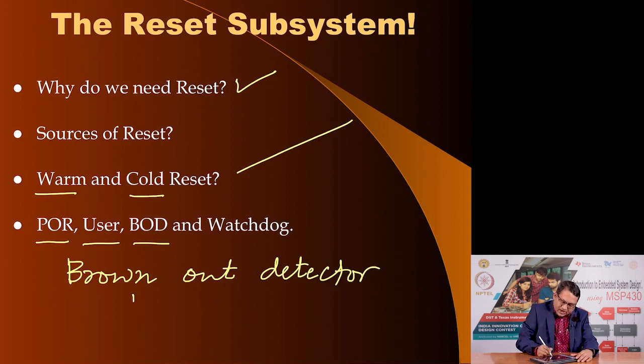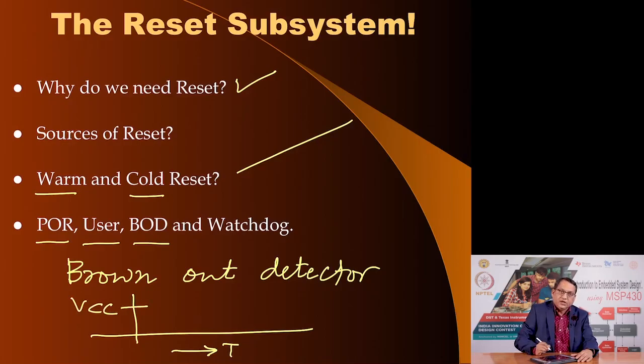Brownout condition is that if this is my VCC, that is the supply voltage, as a function of time, at any time it dips below a certain level and for the entire duration that it remains below that threshold, before again rising to expected levels, this may be detrimental to the operation of the processor.